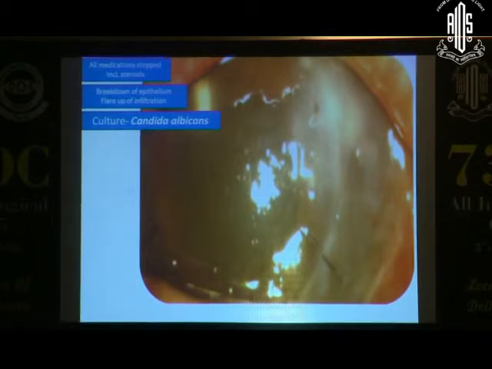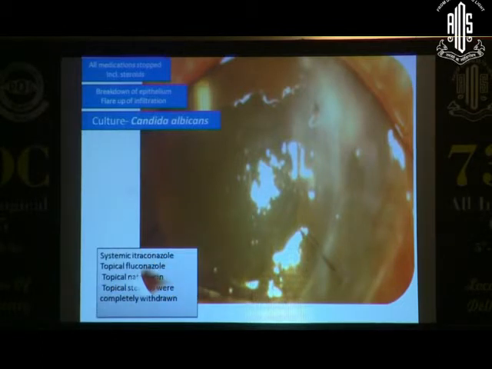The inflammation flared up. There was a breakdown of the epithelium. The cornea became totally steamy. At this point, the culture showed Candida organism. So basically, we put the patient on fluconazole. The topical steroids were completely withdrawn.